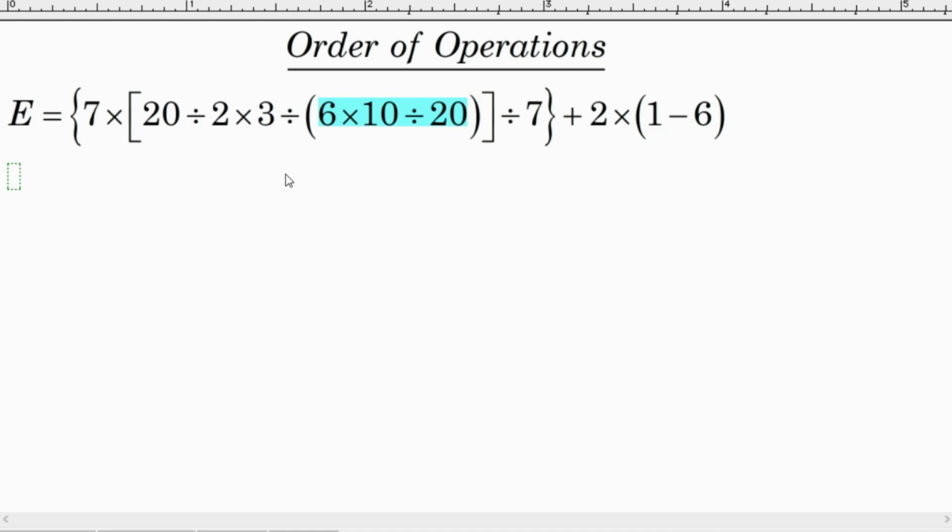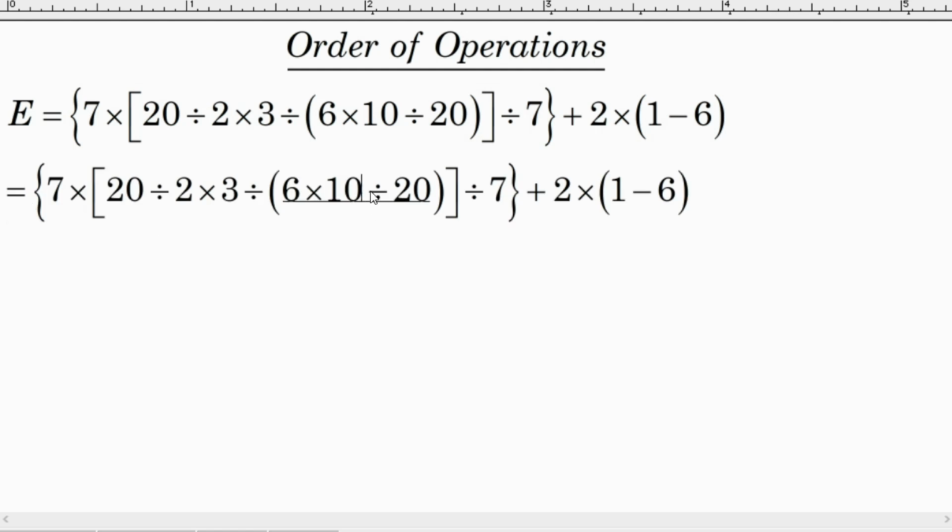Alright, the first thing is solving here. So let me copy the whole thing so I don't take time to write it again. Okay, so let me solve this number. We have 6 times 10 equal to 60.